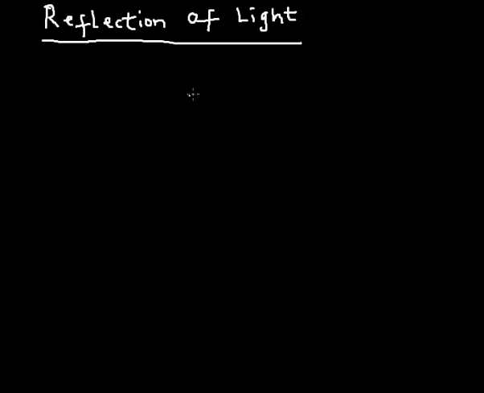But before we describe reflection, before we go into details of how light undergoes reflection, we need to study some basic concepts that surround light. We already know that light is an energy or a wave.